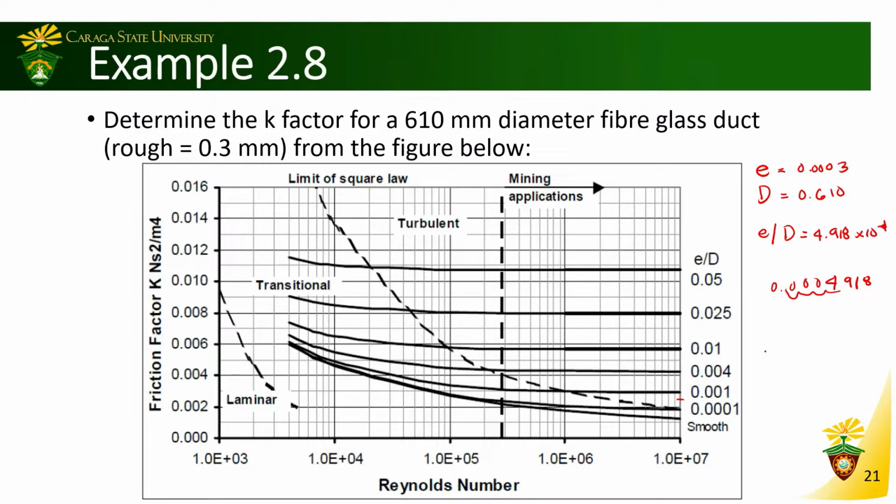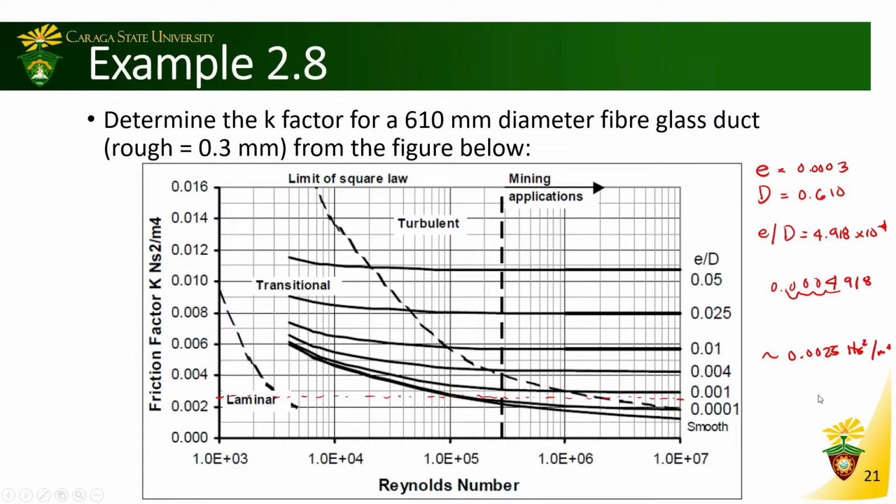We want to determine its friction factor, and if we look at this level, it would be approximately equal to this part in terms of our friction factor, 0.0025 Newton second squared per meter to the 4.